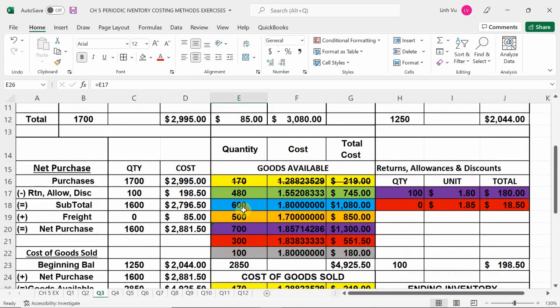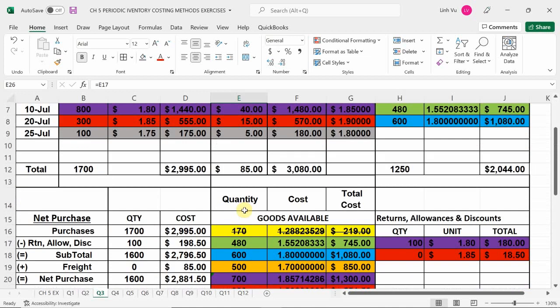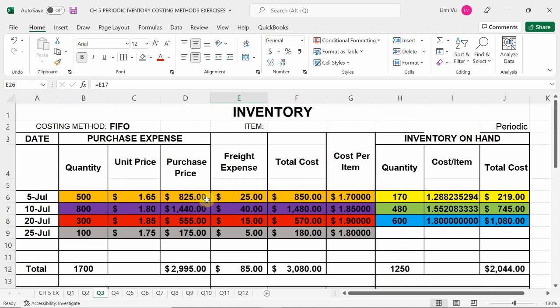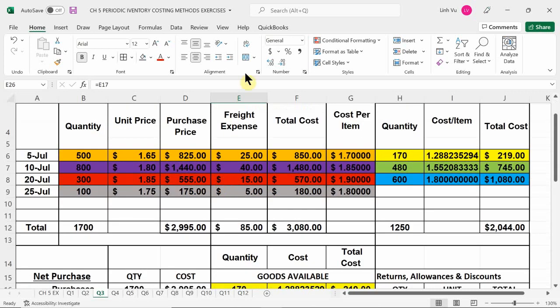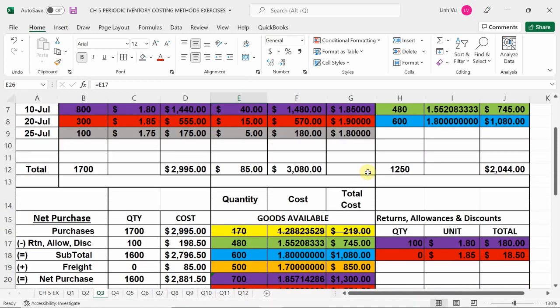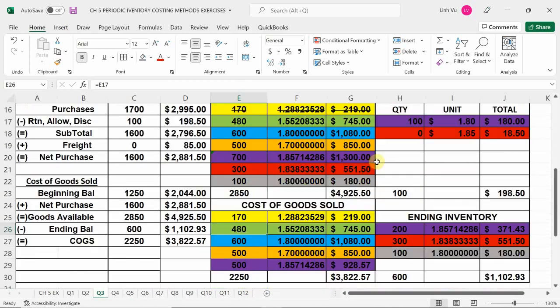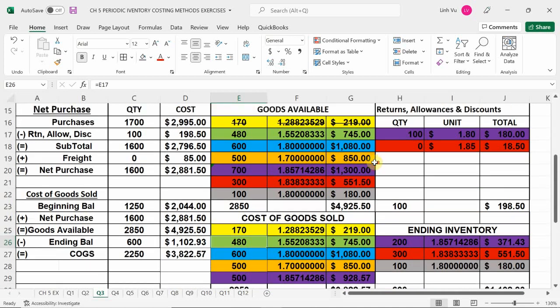All right. So again, tomorrow we're going to do the same thing except we're going to do LIFO, and I'm going to eliminate the colors because you really don't need them. I'll tell you that right now, okay? You don't really need them because if you do everything step by step, you should be able to successfully go through everything without the colors.